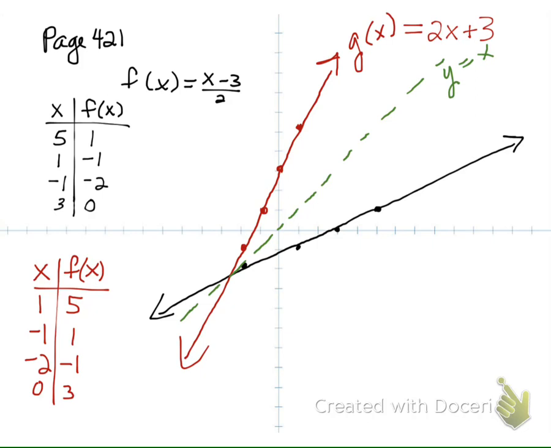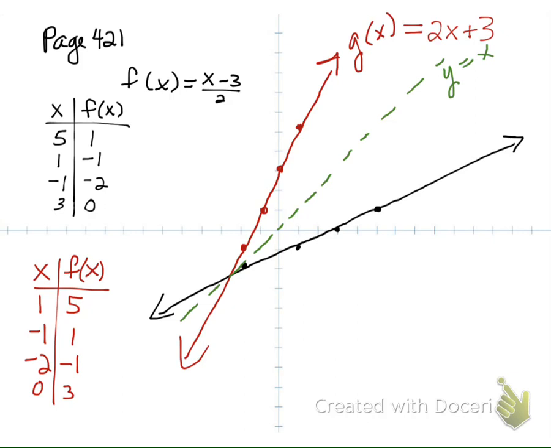One's a reflection of the other over the line y is equal to x. And that's true of all inverse functions. Whenever we switch the x and the y in our second table when we made our g function, that's what happens every time you reflect something over the line y is equal to x: you just switch the x and the y's.